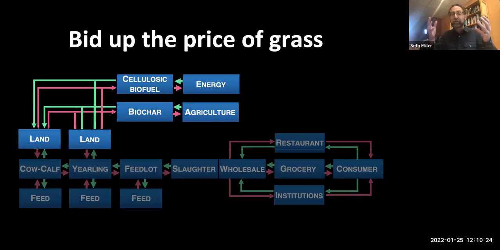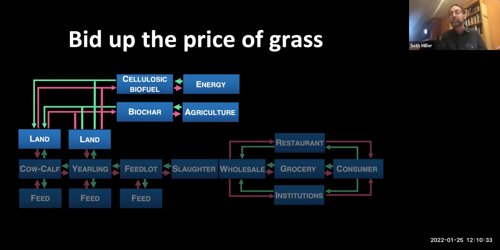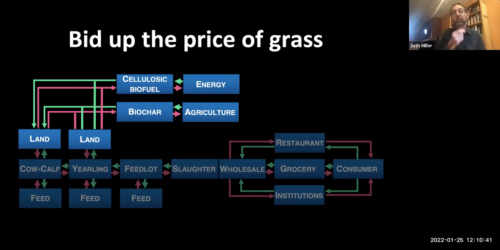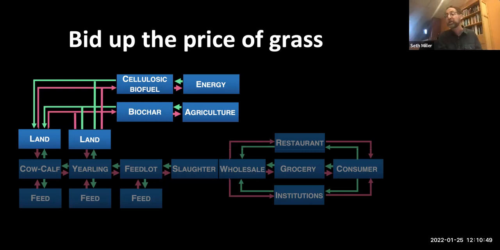And so you can imagine if we go through and we ask ourselves, what could change with the land? Well, if we had another use for the land, then that would raise the price of the land. Right now, the whole reason cows exist is to convert grass into money. So if we can pay farmers to convert grass into energy, to convert grass into agricultural products instead of into meat, the farmers are going to appreciate it.